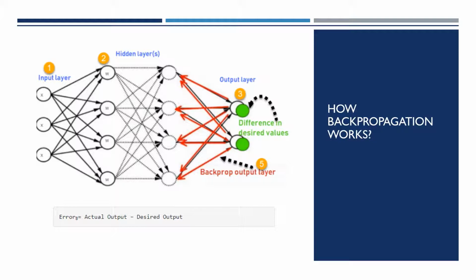Calculate the error in the outputs. Error equals actual output minus desired output. Travel back from the output layer to the hidden layer to adjust the weights such that the error is decreased. Keep repeating the process until the desired output is achieved.